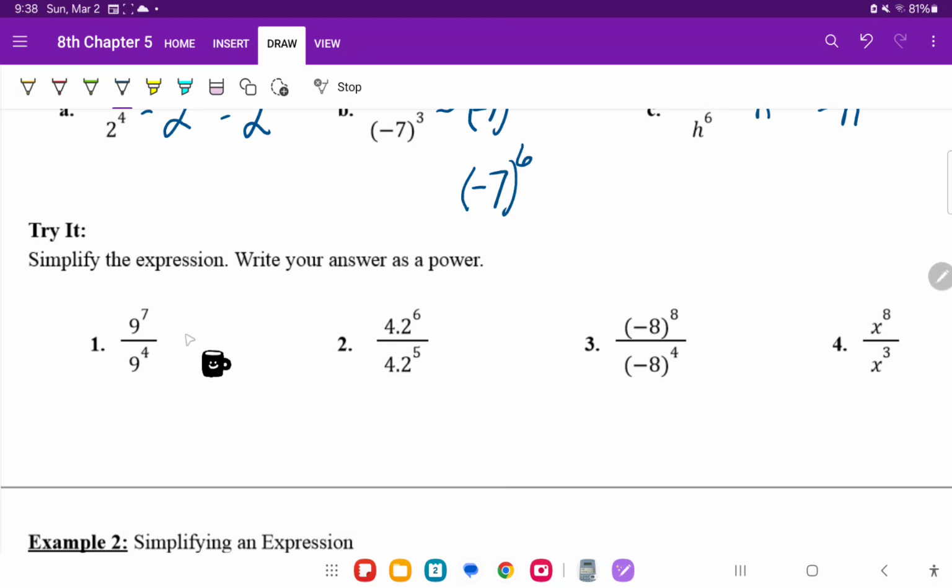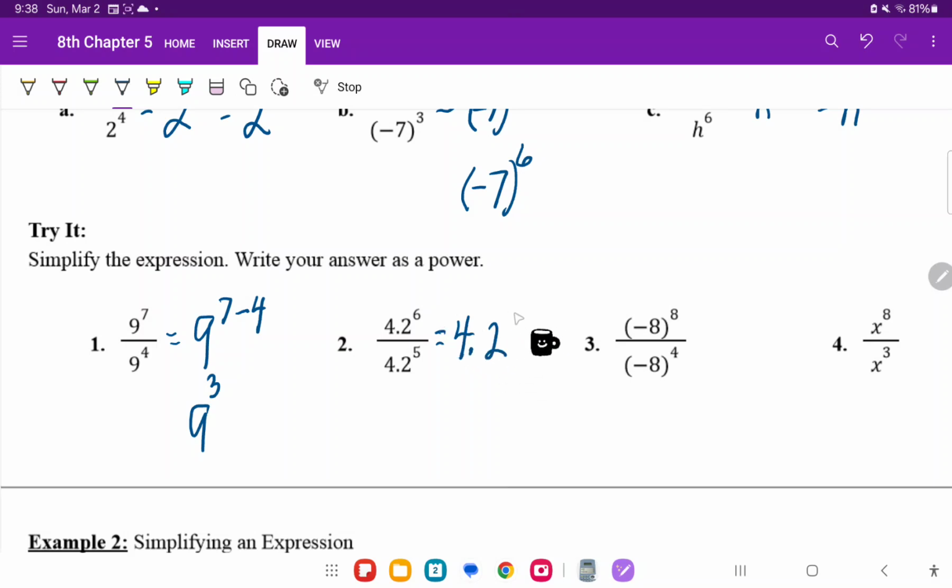Okay, so on number 1, that's going to be 9 to the 7 minus 4, which is 9 cubed. Okay? And then on the next one, these both have a base of 4.2. All right?